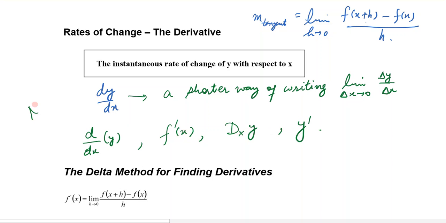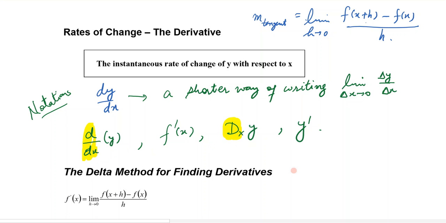So these are all the notations that we use to write the derivative. D over dx, or this dx, represents the process of finding, or the operation of taking, the derivative with respect to change in variable x.